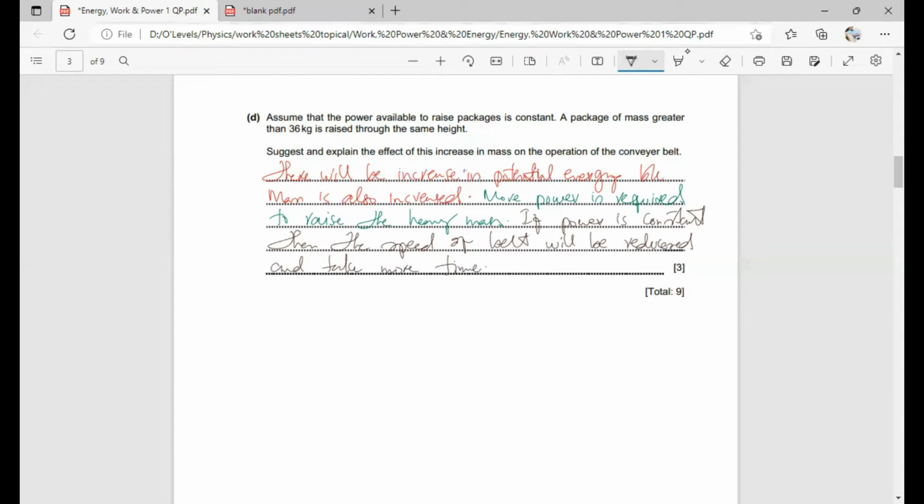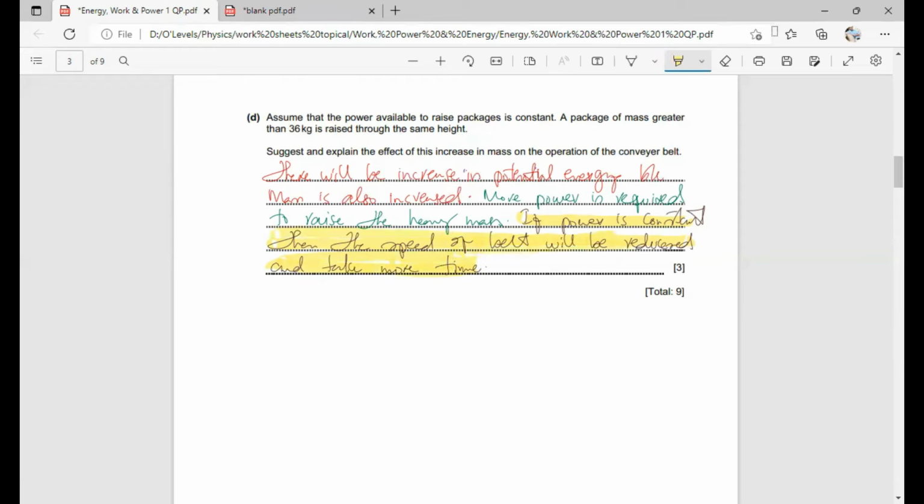Sir, if it's written here that power is constant, then why are we writing more power is required? No, actually, the reason is that more power is required to raise the heavy mass. But if power is constant, then the speed of the belt will be reduced. If we run the motor with the same power, its efficiency becomes lower, its speed is reduced, and it takes more time.